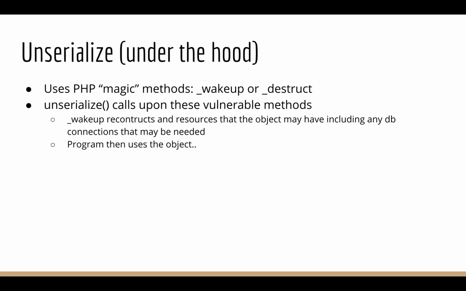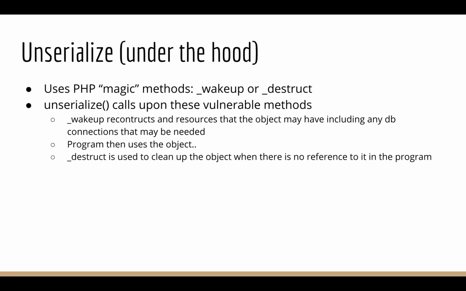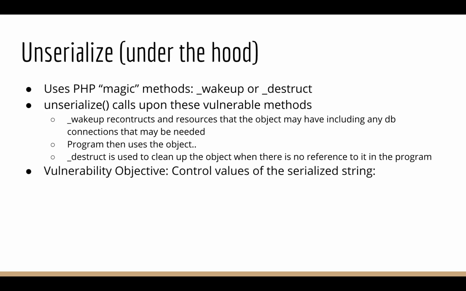Then the object does whatever it needs to do in the script. And then destruct cleans up the object when there's no reference to it in the program, usually when you've already turned it back into a string or just did a simple read from the database.